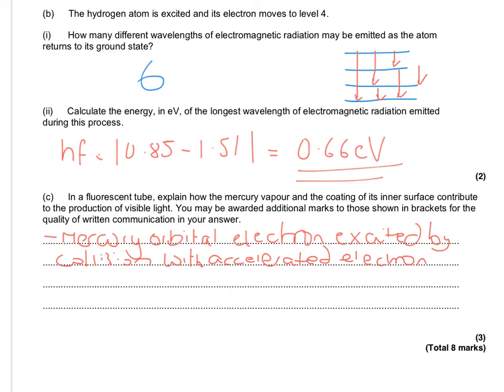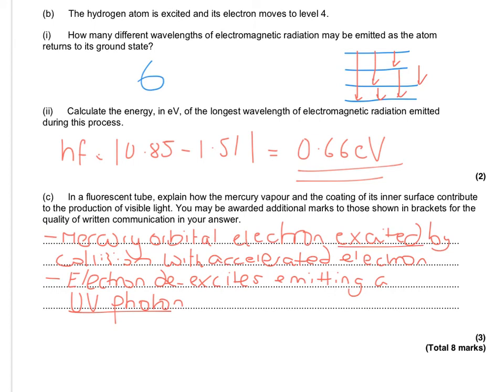So your mercury is excited, an electron in the mercury orbital is excited by a collision with an accelerated electron. So that's the first stage there. And then your mercury de-excites, emitting an ultraviolet photon. Okay, and identifying it specifically as an ultraviolet photon is important, so you have to say that. This needs to be in your answer.